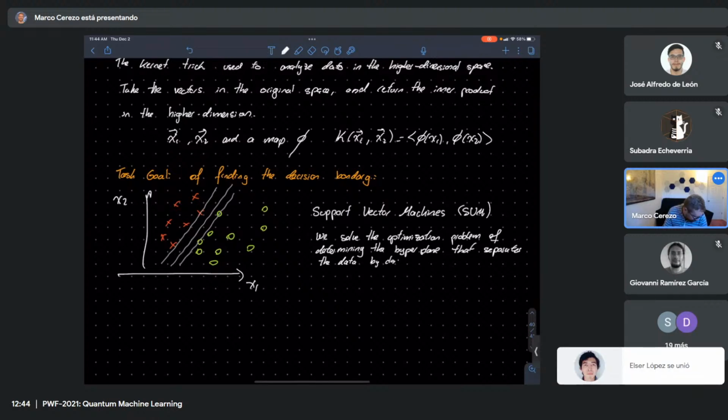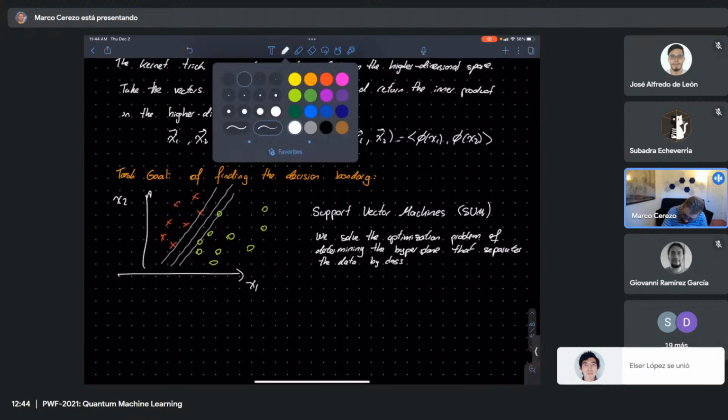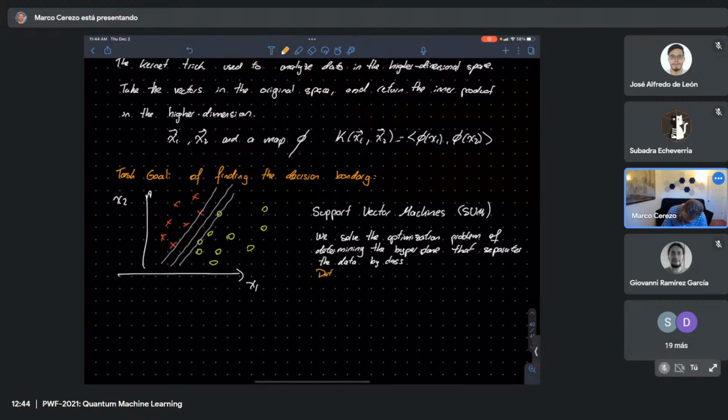Right? And here, what's important is that data points with minimum distance to the hyperplane are called the support vectors.